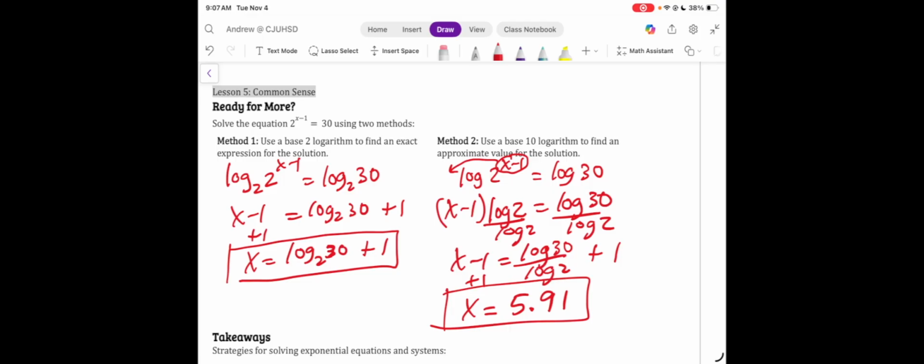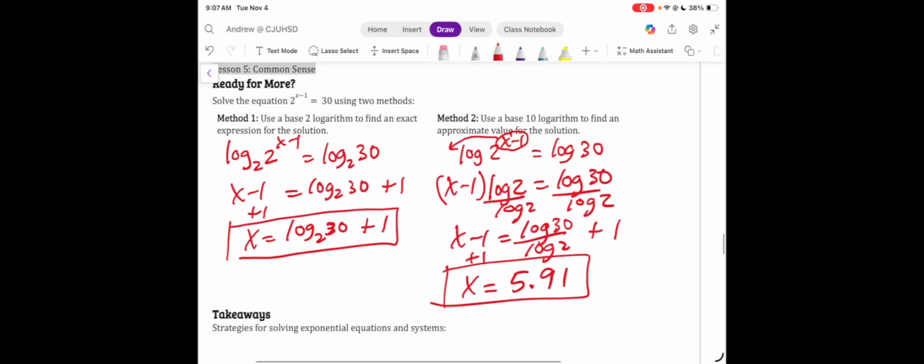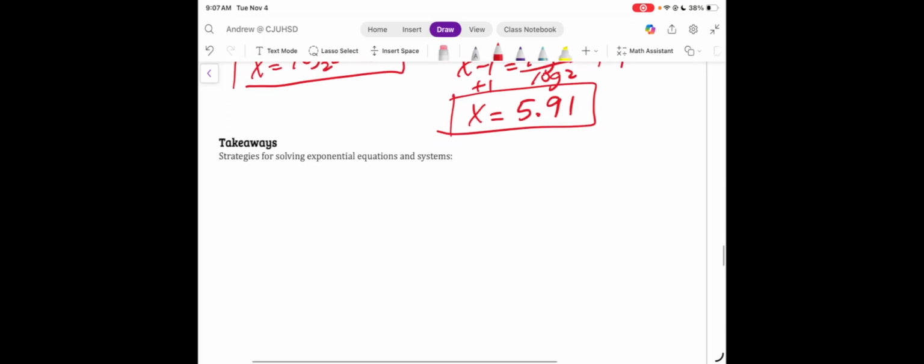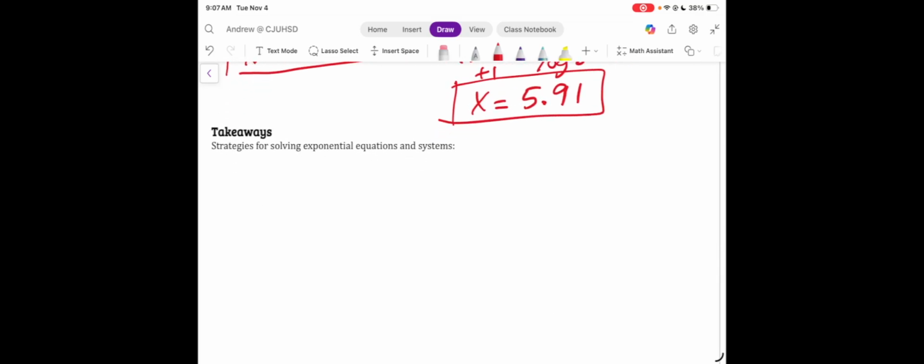So some strategies and the takeaways. Always use estimation. You should be getting answers that make sense. So estimation, always in play. Then we took the log of both sides.